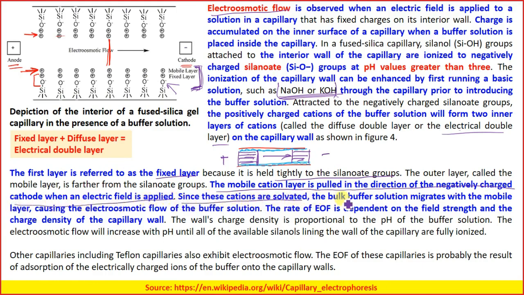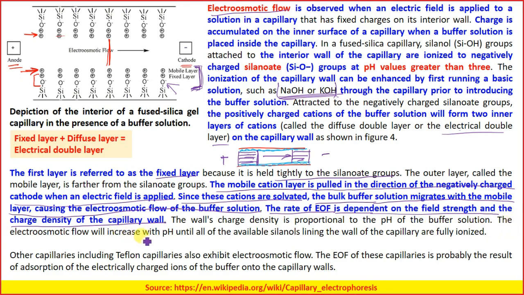Since these cations are solvated, the bulk buffer solution migrates with the mobile layer, causing the electroosmotic flow of the buffer solution. The rate of EOF is dependent on the field strength and the charge density of the capillary wall. The wall's charge density is proportional to the pH of the buffer solution.